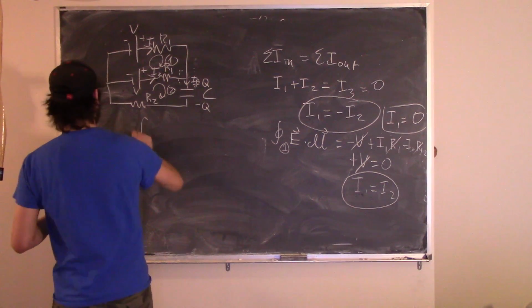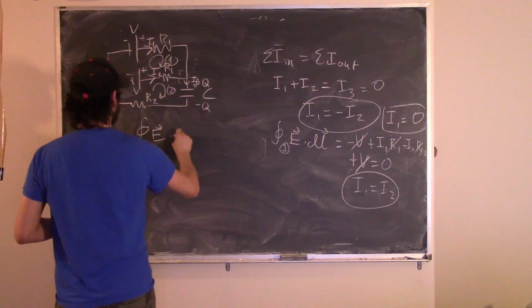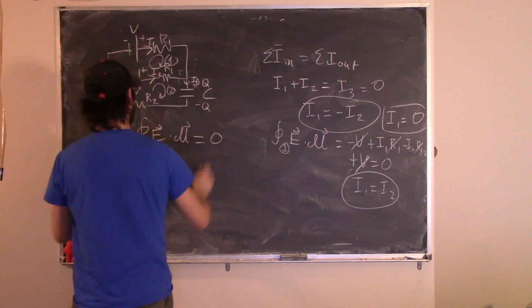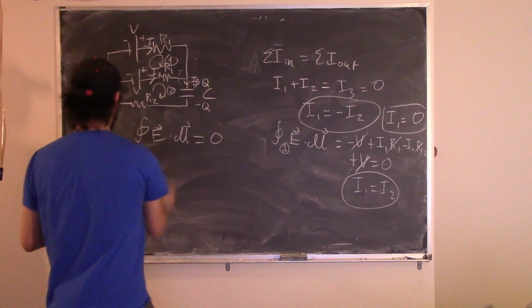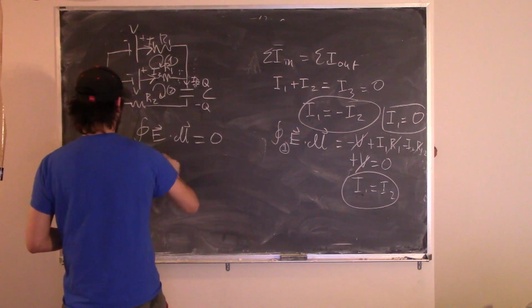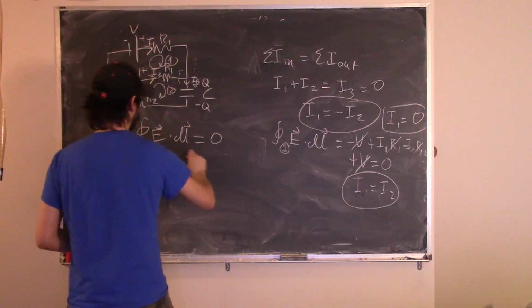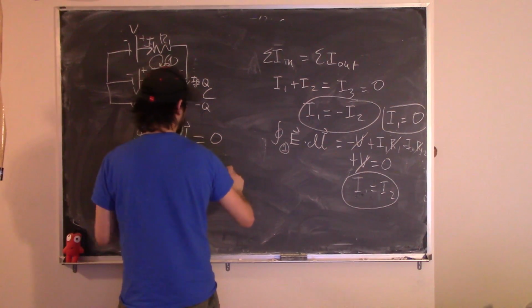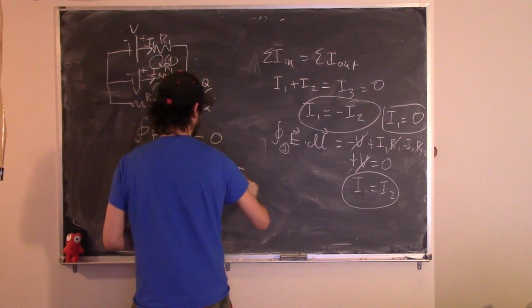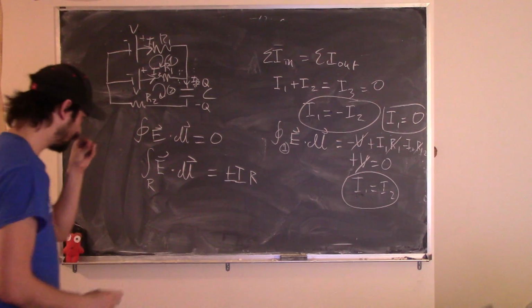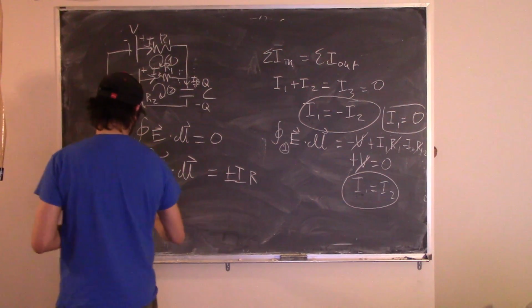So when I do the integral of E dot dl over some closed loop, this is equal to 0. But the question is, if I go over some resistor, integral E dot dl, this is either equal to plus or minus I times R, right? Same thing with the capacitor, same thing with the battery, right?